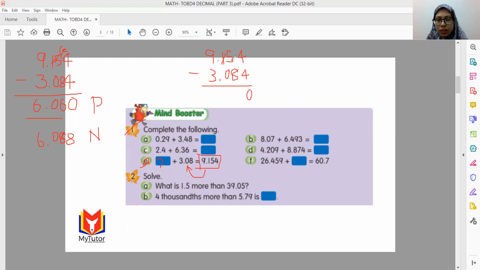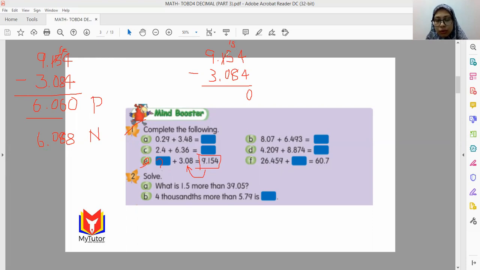When you borrow, you are actually borrowing 10, so this number now becomes 15.